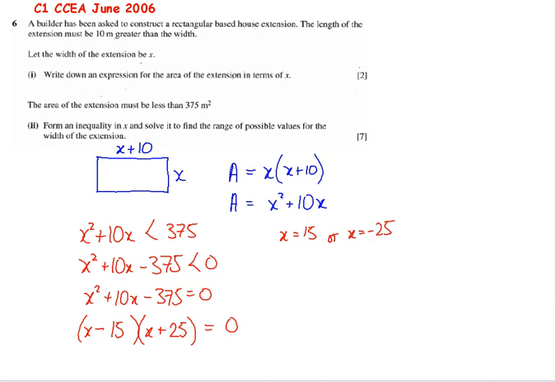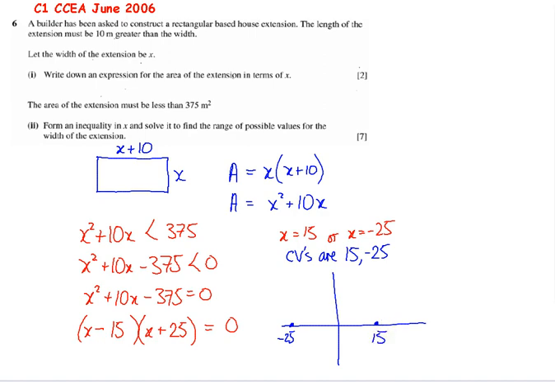And I'm going to call these, instead of solutions to this equation, I'm going to call them the critical values of our inequality, 15 and minus 25. And they're critical values because when I draw the graph of this inequality, I've got a value of minus 25 here and a value of 15 here.